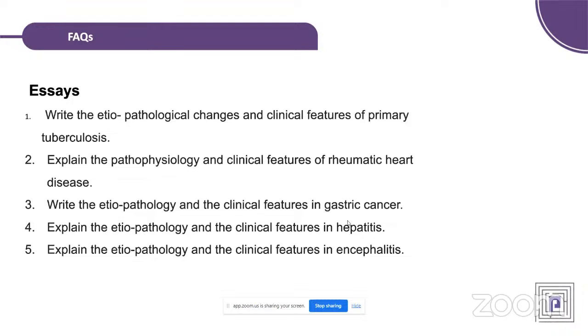And then etiopathology and clinical features of gastric cancer. So gastric cancer is caused by some mutations, and also as a complication of bacterial Helicobacter pylori infection, which can lead to gastric cancer in the infected mucosa.